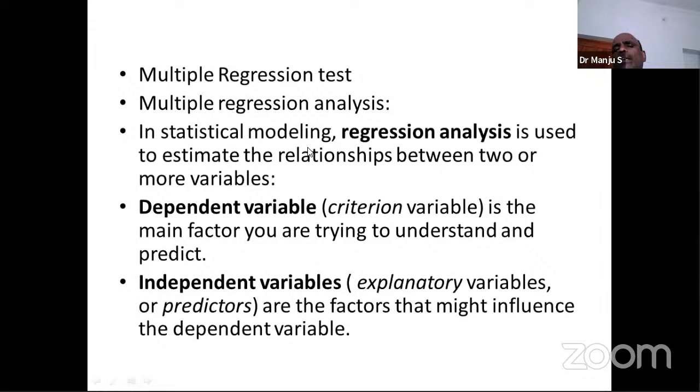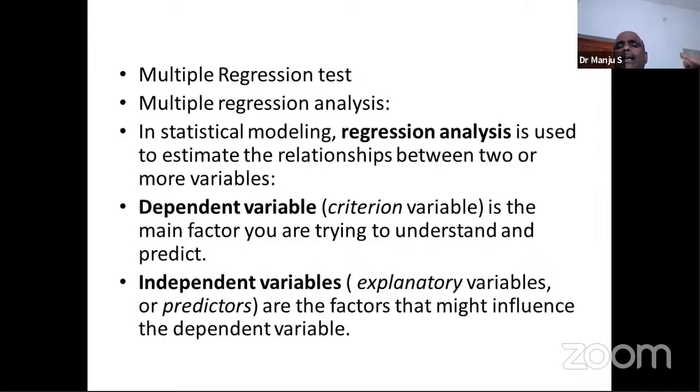You can also use simple regression when there is only one independent variable and one dependent variable, for example, sales and profit. Sales is, let us say, the independent variable, and profit is the dependent variable.